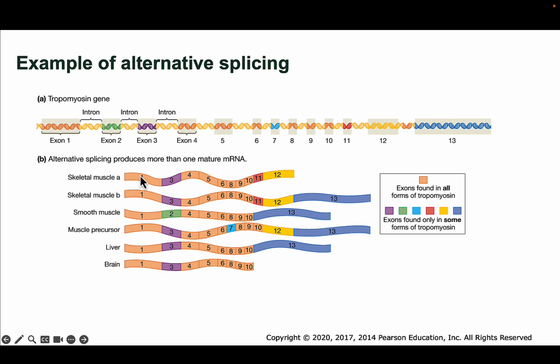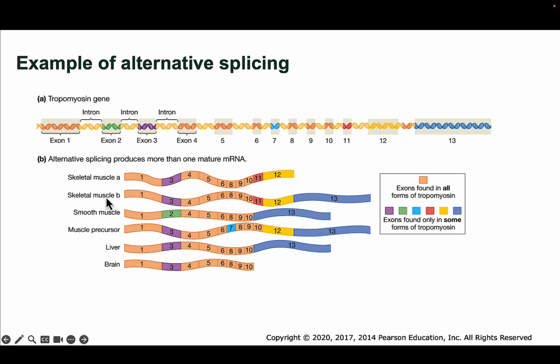For example, in a cell type called skeletal muscle A, we get a mature mRNA transcript that has spliced together exon 1, skipping 2, 3, 4, 5, 6, skipping 7, then 8, 9, 10, 11, and 12, but no 13.